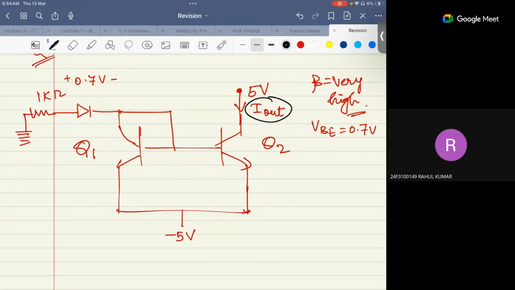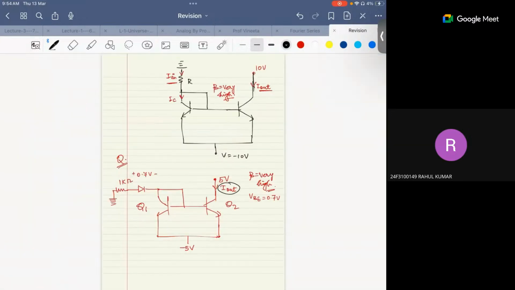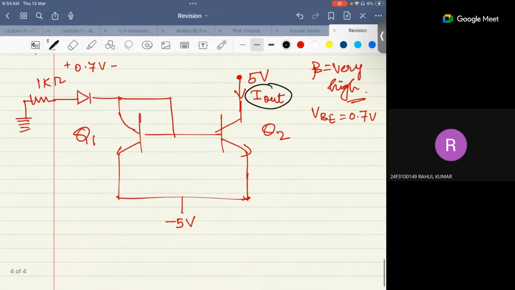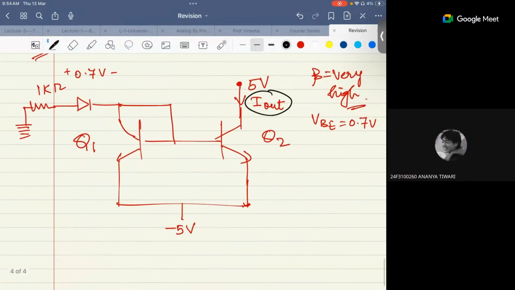How did you solve? You would have taken this as the first diode, and the transistor Q1 will work as a second diode, right? I got 3.6 milliampere also. Correct, 3.6 milliampere.